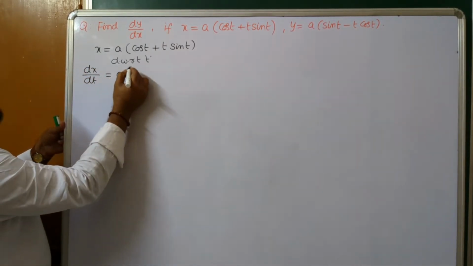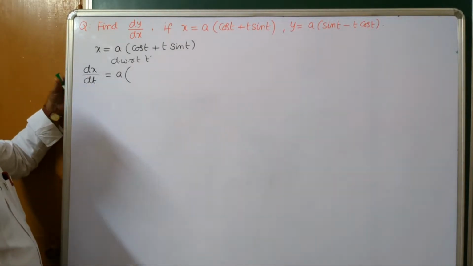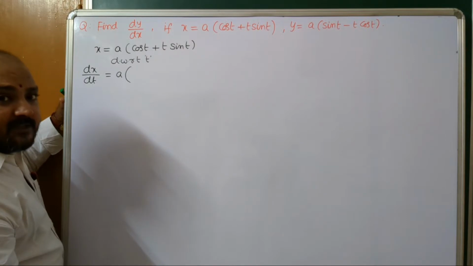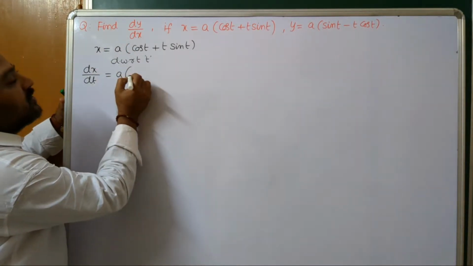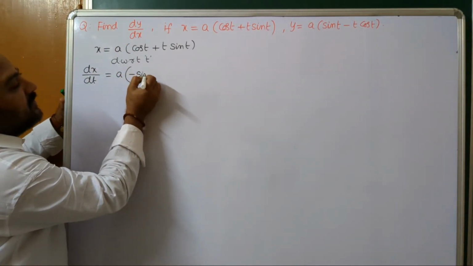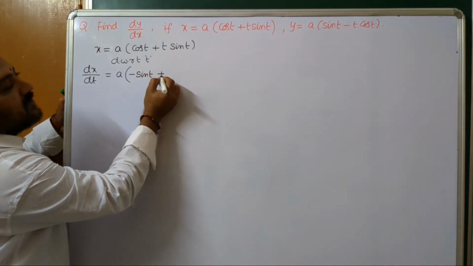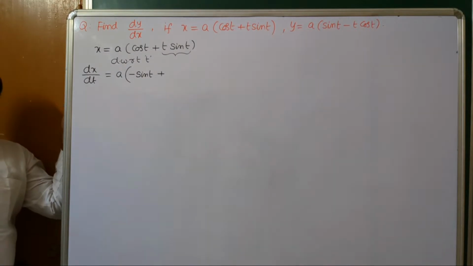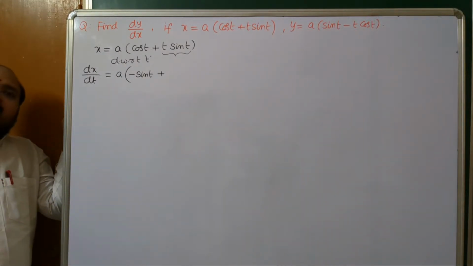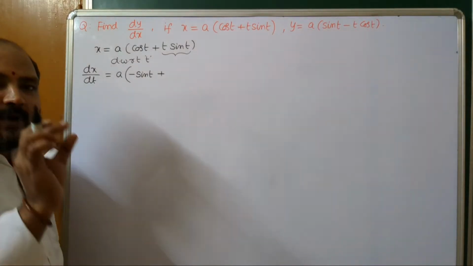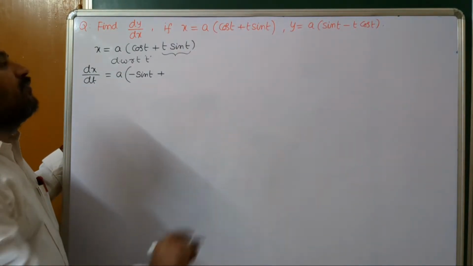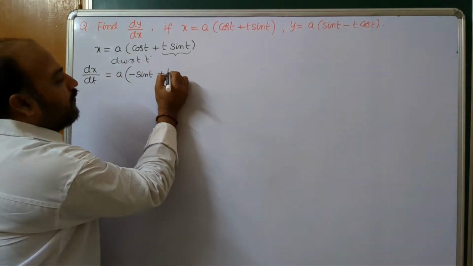So a constant we can take out. d by dt of cos t, what is d by dx of cos x? Minus sin x. d by dt of cos t is minus sin t plus, here uv formula you can apply. d by dx of u into v is u into d by dx of v plus v into d by dx of u.